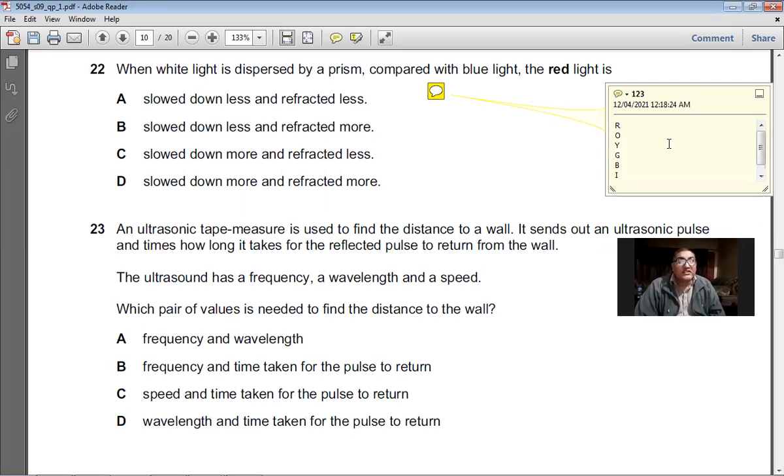So this is the order of the colors of the spectrum, ROYGBIV.